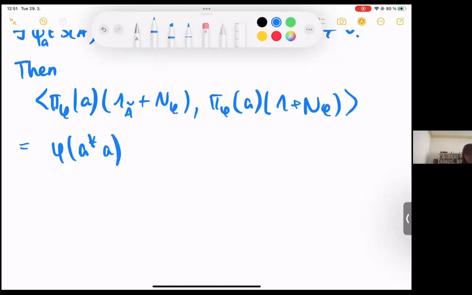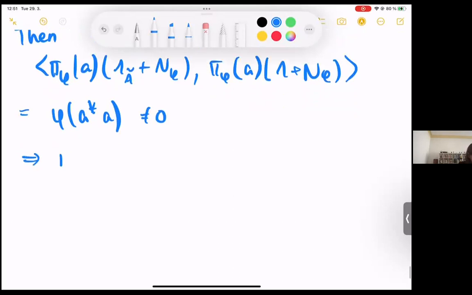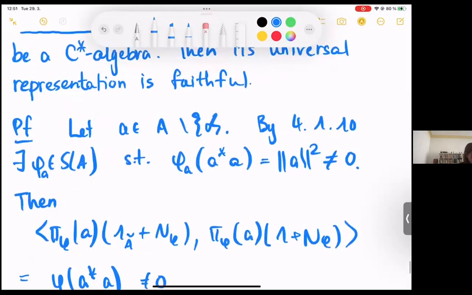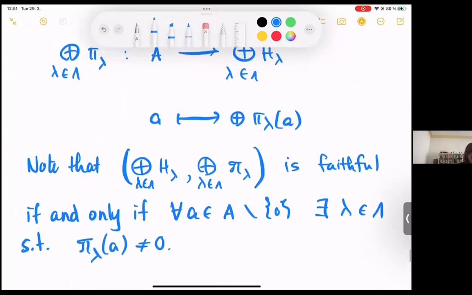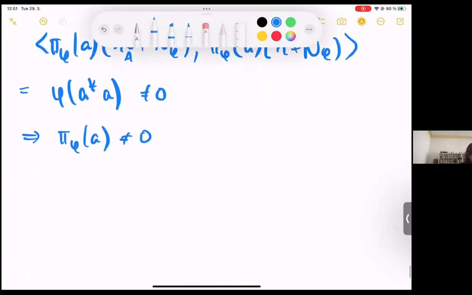This is phi of A star A, and that's non-zero. So we see that this operator is indeed non-zero, and by this observation we had here, this implies then that the representation is faithful.